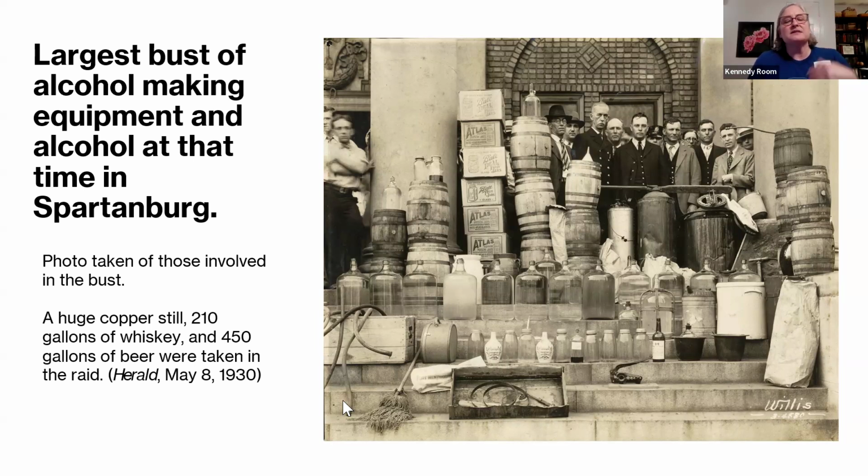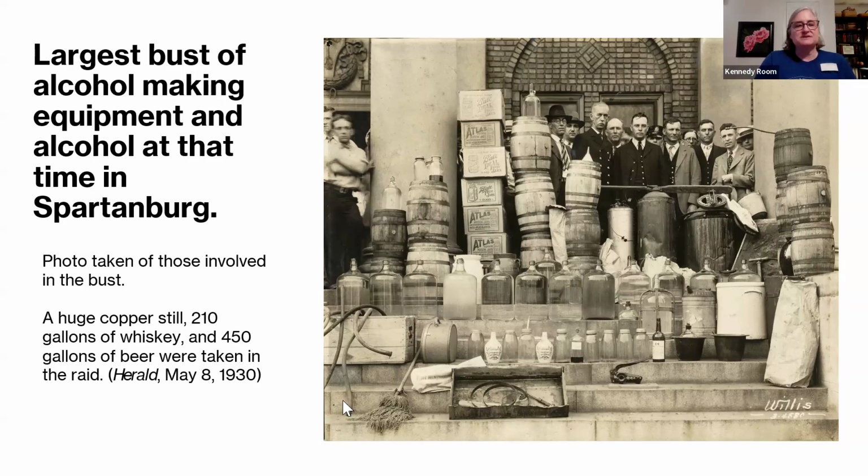And that is from the Spartanburg Herald on the morning of May 8th. That was our morning paper. So remember, check all papers, even if they are at the same time. They may carry different stories. Somebody may have a scoop that the other paper didn't have, that kind of thing.